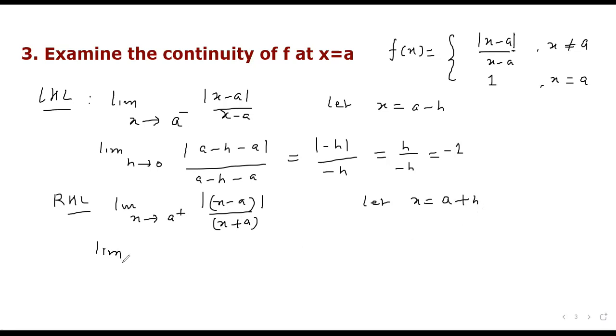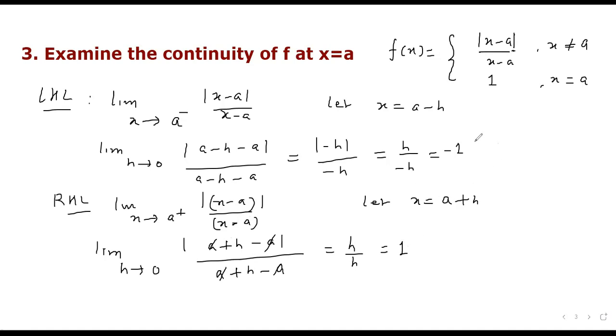So our question becomes limit h tends to 0, and in place of x we write a plus h minus a divided by a plus h minus a. So from here a will cancel out, and the modulus of h is h, divided by h. So this time we are getting 1.